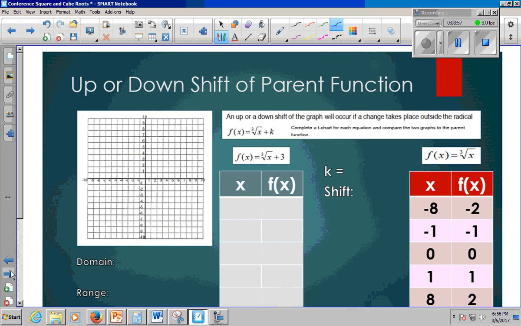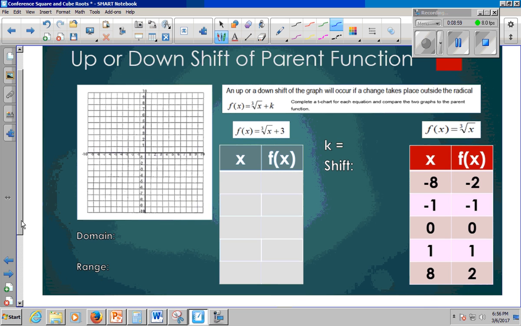All right. So now we're going to talk about shifts up or down. Just like we saw in the square root function, this is going to be a plus k outside the radical. There's a direct correspondence. That means if k is 3, it's going to be a shift 3 units up, right? This being said, this is not now moving left or right. So our x values are going to stay the same since it's not moving left or right.